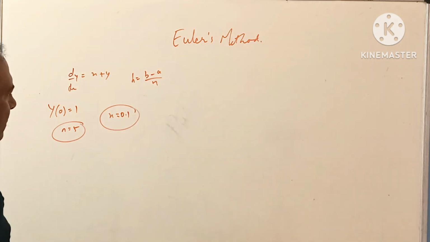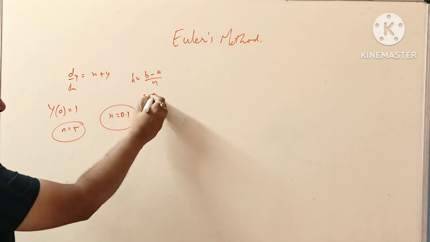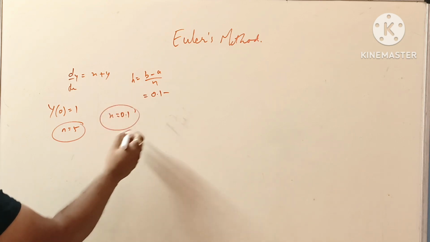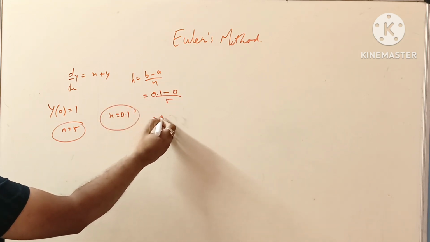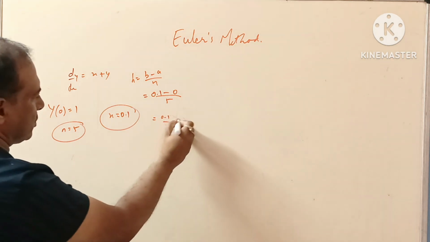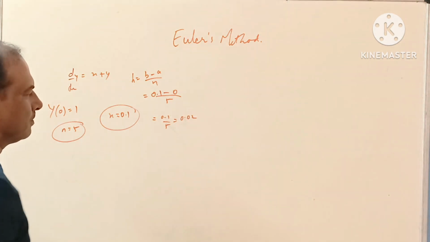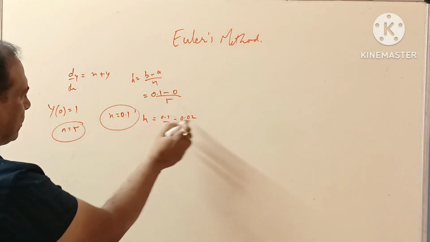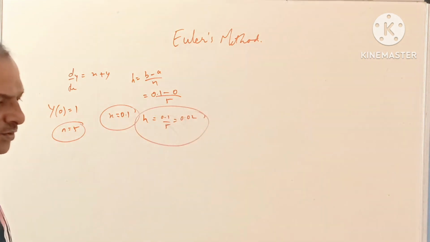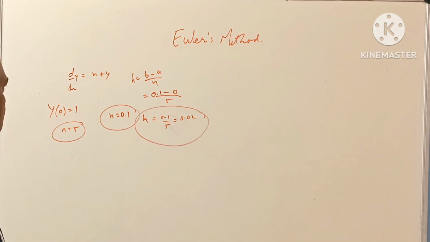And how much is b here? b is the last point at which we have to find the value of y, and here this is 0.1, and the initial value of x is 0, over 5. Now it will give me 0.1 over 5, which is 0.02. Now the step size h is 0.02. Clear? This first thing is clear to you. You have h, you have y0, y1, everything.